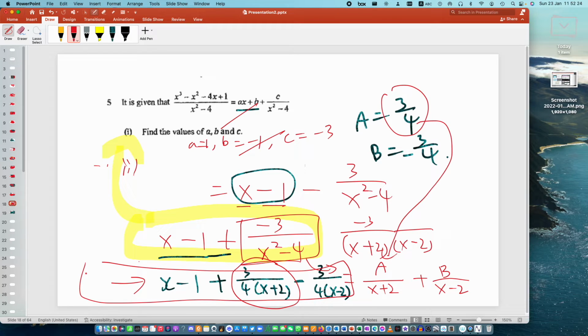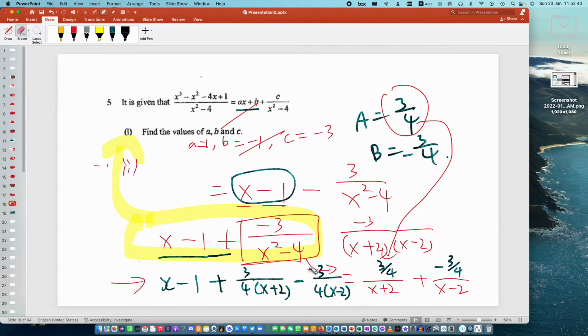Because my A is 3 over 4, I replace my A equals 3 over 4. My B is negative 3 over 4. So how do I get it into this nice format? Do you know or not? No.